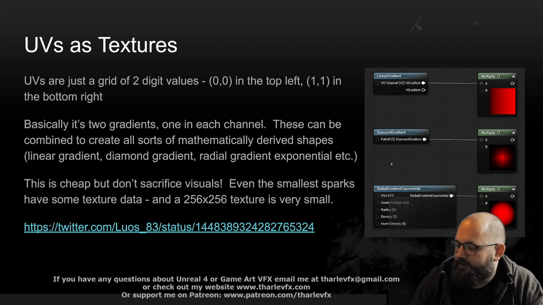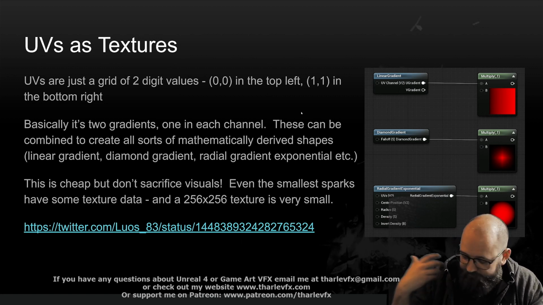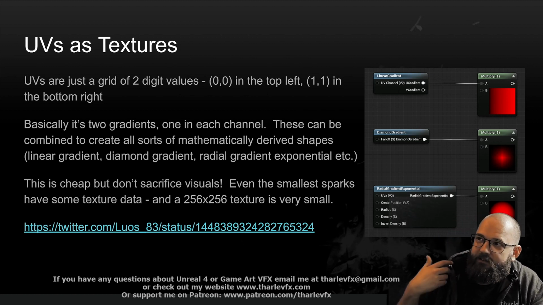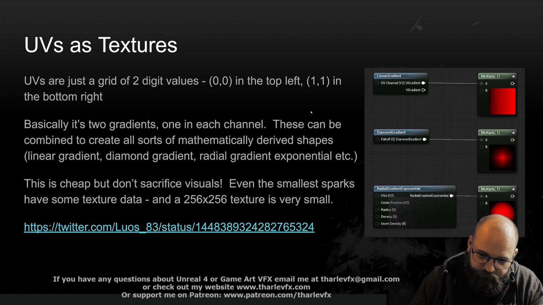Well, we can do that using UVs. And the advantage of these mathematically defined patterns is exactly that. They're mathematically defined. They're not using any texture lookups to do that. And so it's a very cheap way of creating gradients across a model that don't use any texture information.